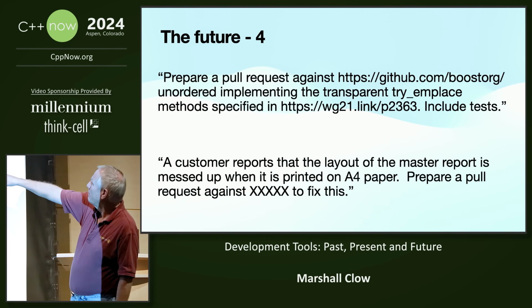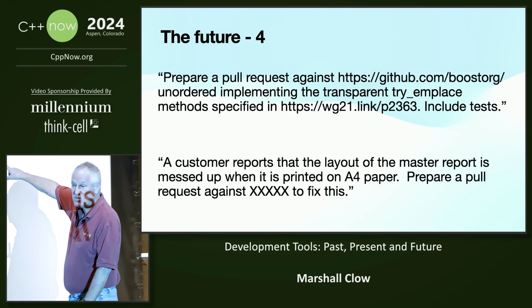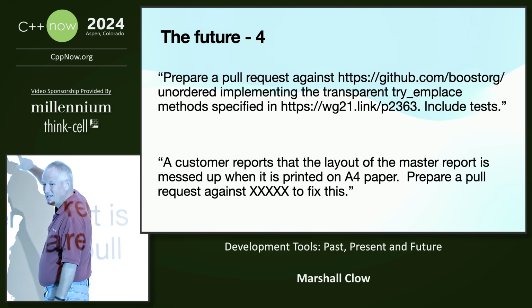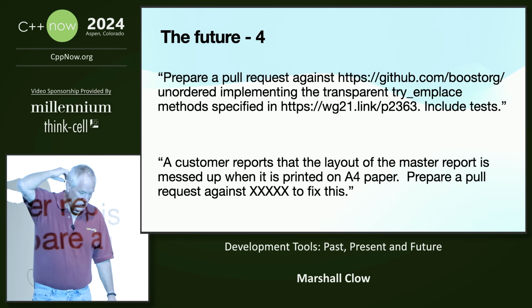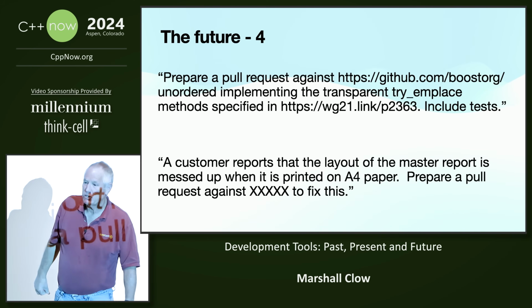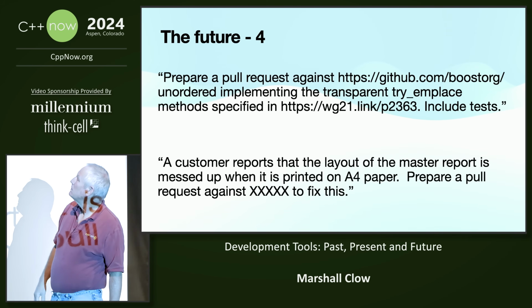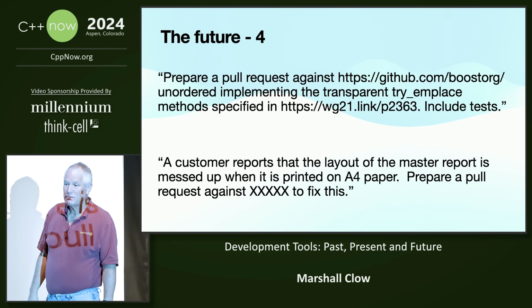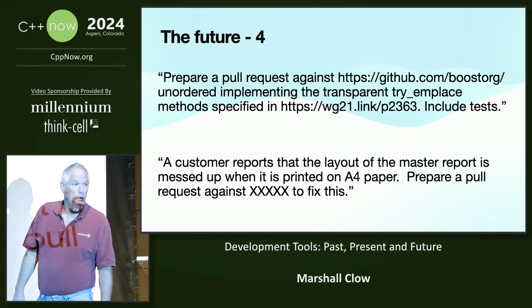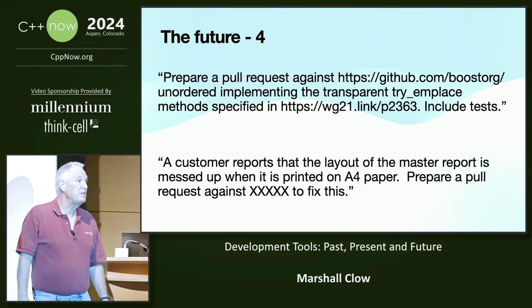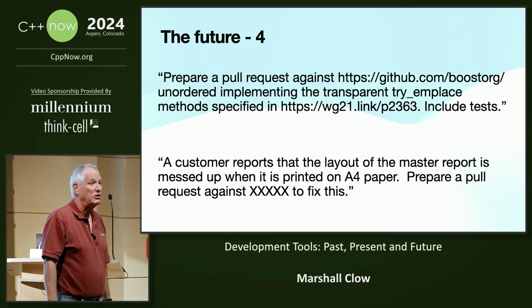P2363 has formal wording in it. Boost unordered has unordered_map and unordered_multimap, and you could do that. I would be surprised but not shocked if Copilot could do this today. I don't expect it can.